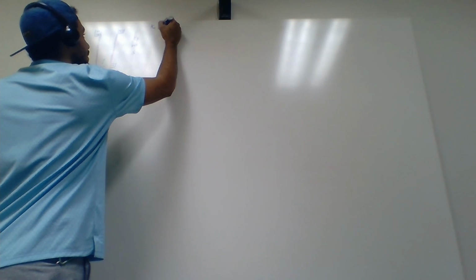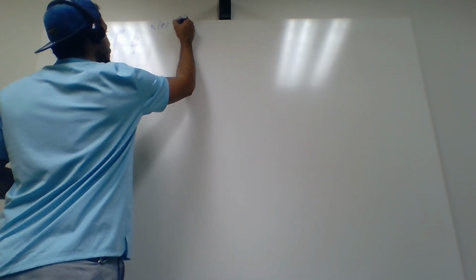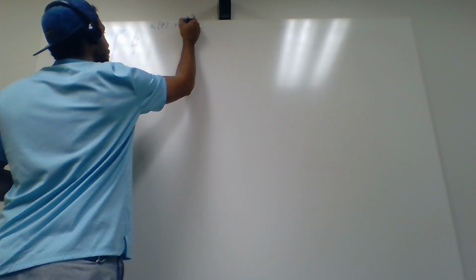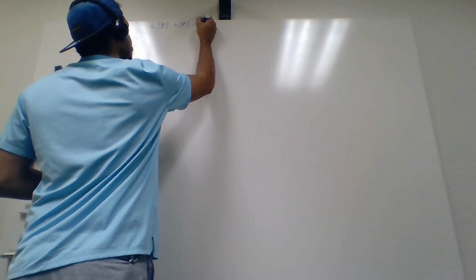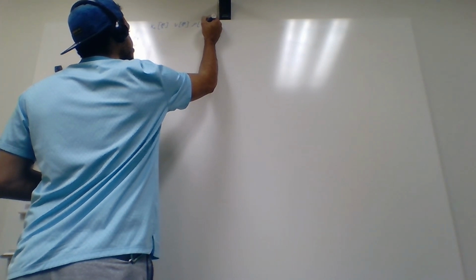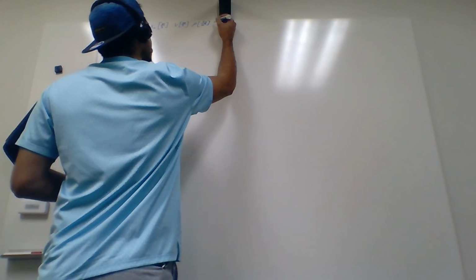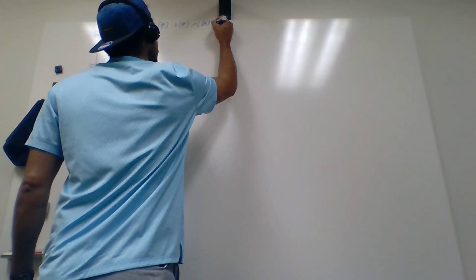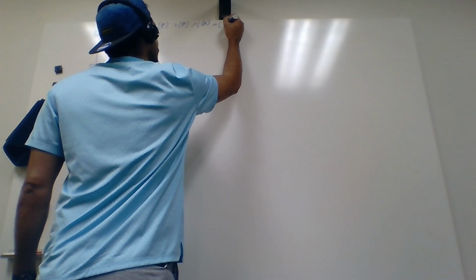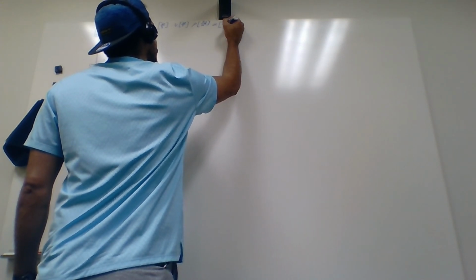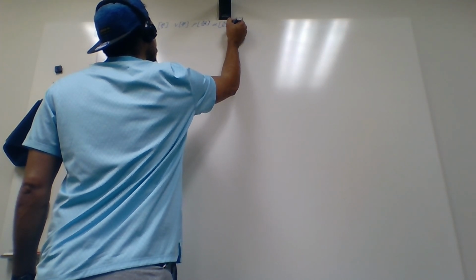So we'll have the mass transfer coefficient, which has units of meters per second. We'll also have the velocity, which also has meters per second. And then we'll also look at the density, which has kilograms per meter cubed. And then also the viscosity, which has units of kilograms per meter times second.